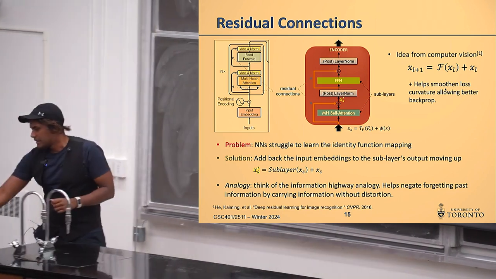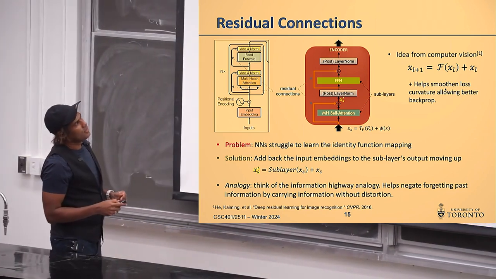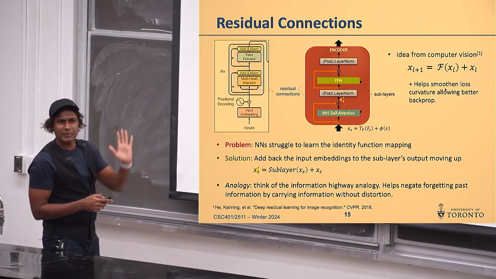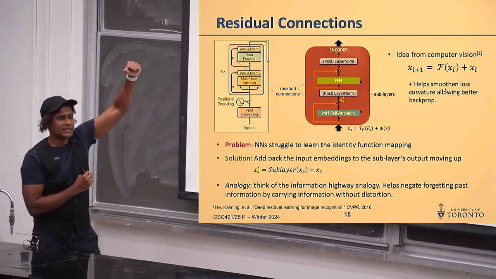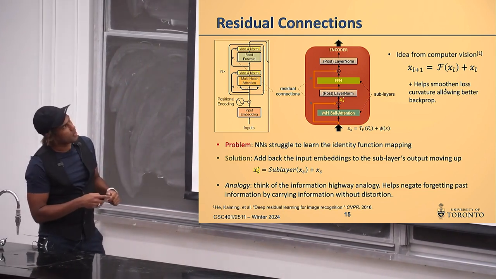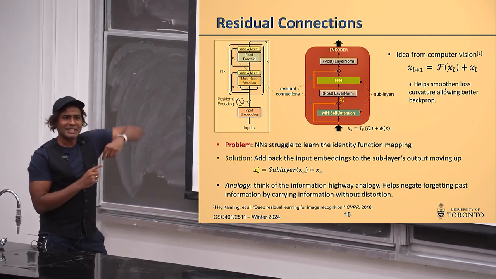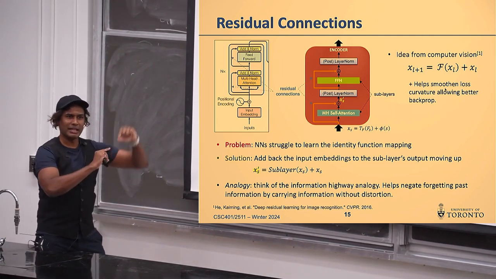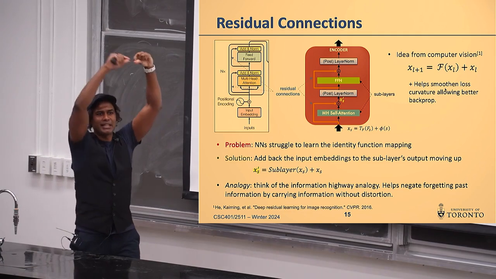So the idea is that if you think of this residual connection, and if you straighten it out and move all these sublayers to a side, then it's like a straight line going from your original input, and everything else is basically adding to it.